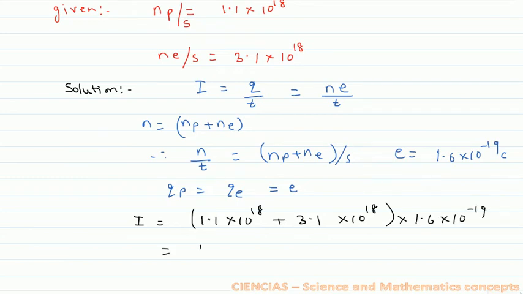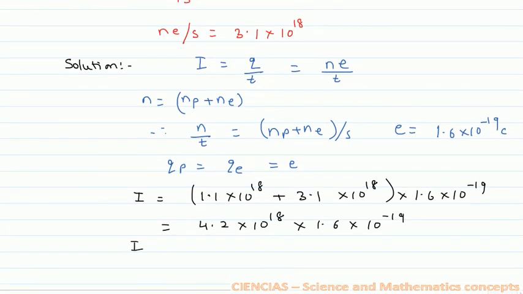This is equal to 4.2 × 10^18 × 1.6 × 10^-19. On solving this, we get current is equal to 0.672 ampere.